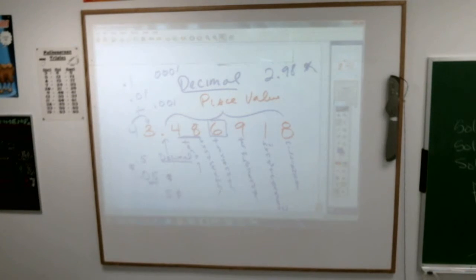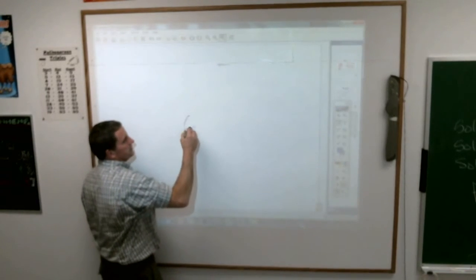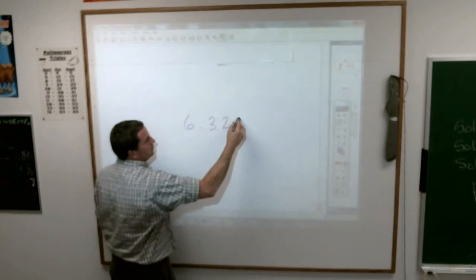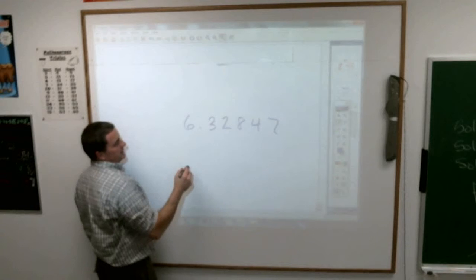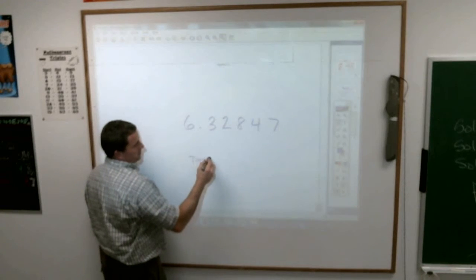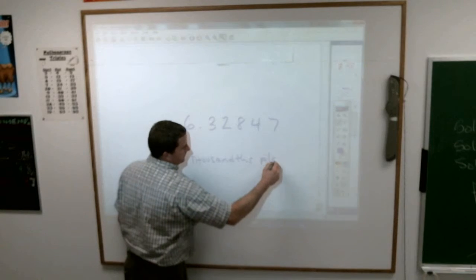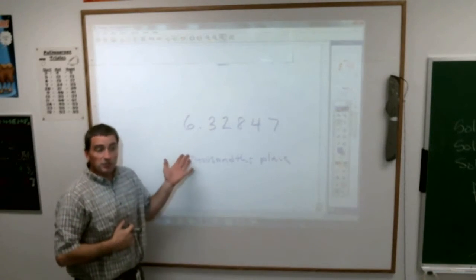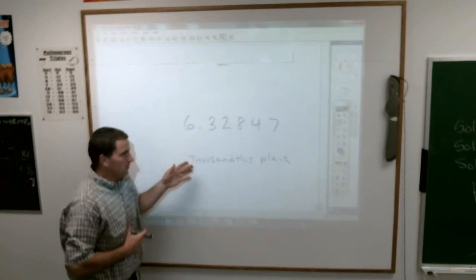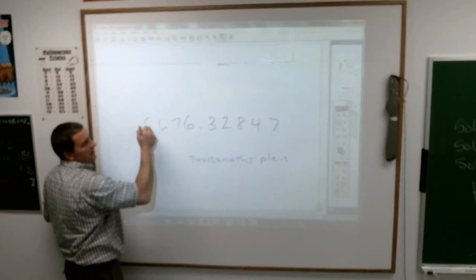They are not going to ask you a whole lot of stuff except stuff like this. If you have this number here, 6.32847, what digit is in the thousandths place? And the biggest mistake I see people making is they think there's a once place, because when you have a number like this, it goes ones, tens, hundreds, thousands.